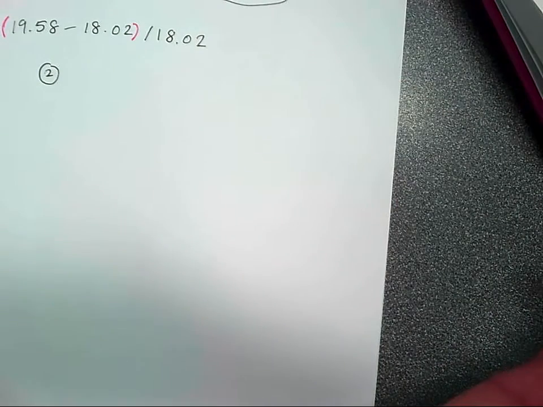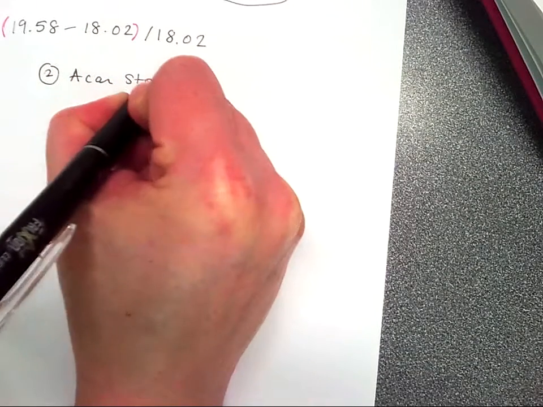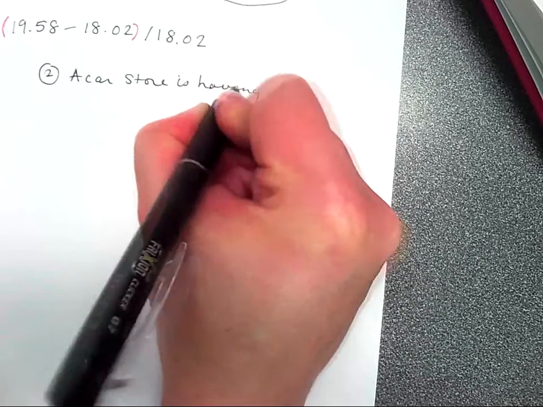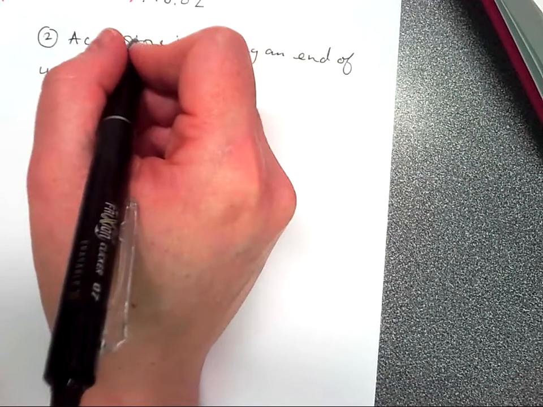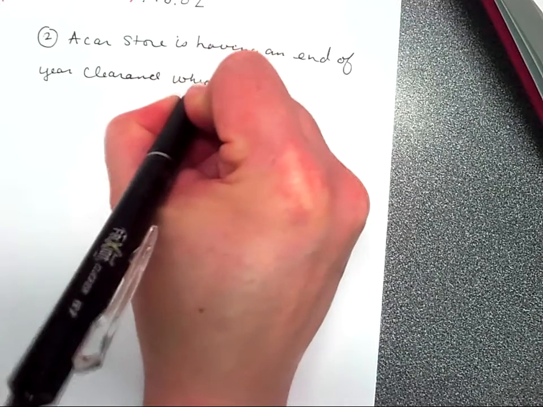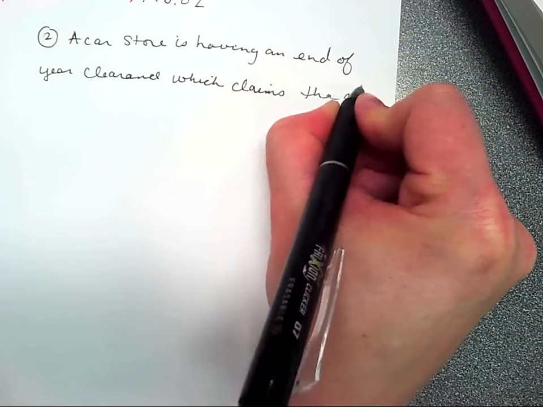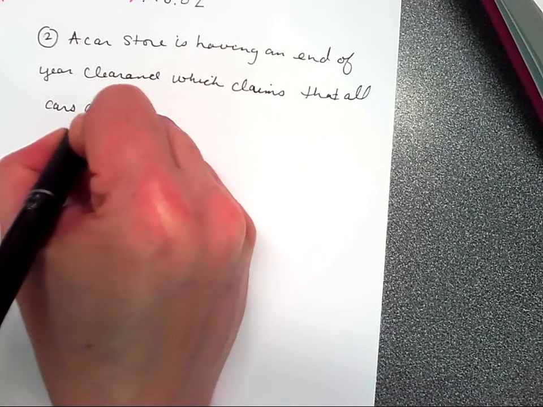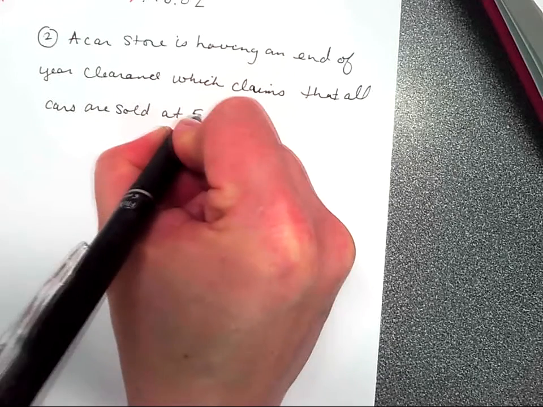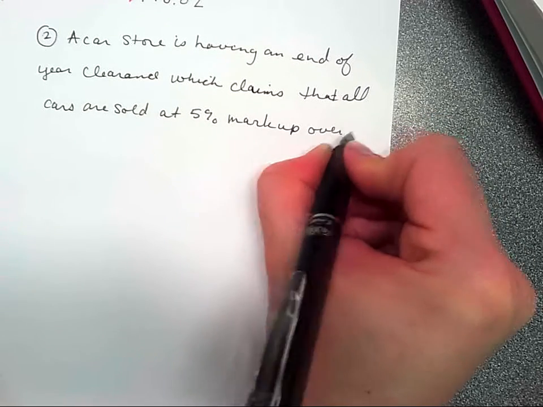A car store is having an end of year clearance which claims that all cars are sold at 5% markup over the dealer's cost.